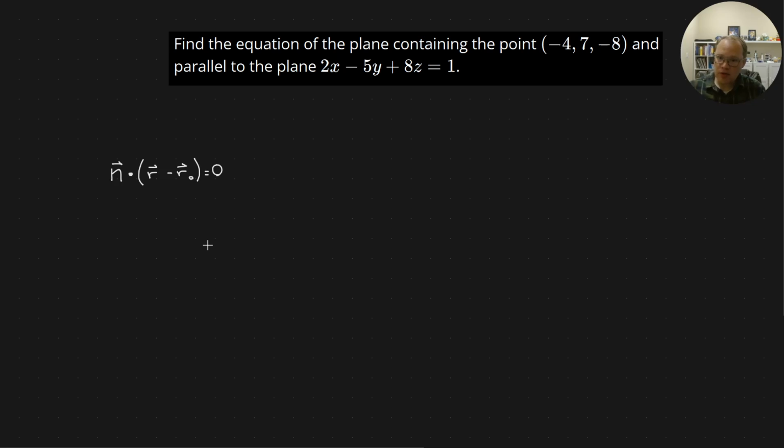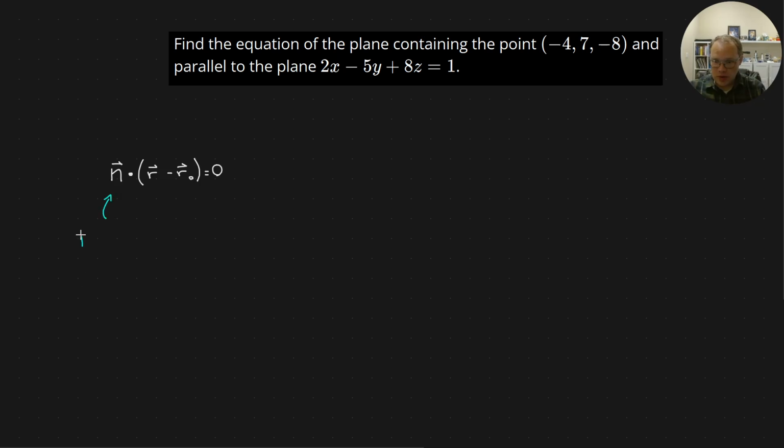The equation of a plane is the normal vector to the plane dotted with a vector parallel to the plane equals 0, right? The normal to the plane and any vector in the plane are orthogonal to each other, okay?